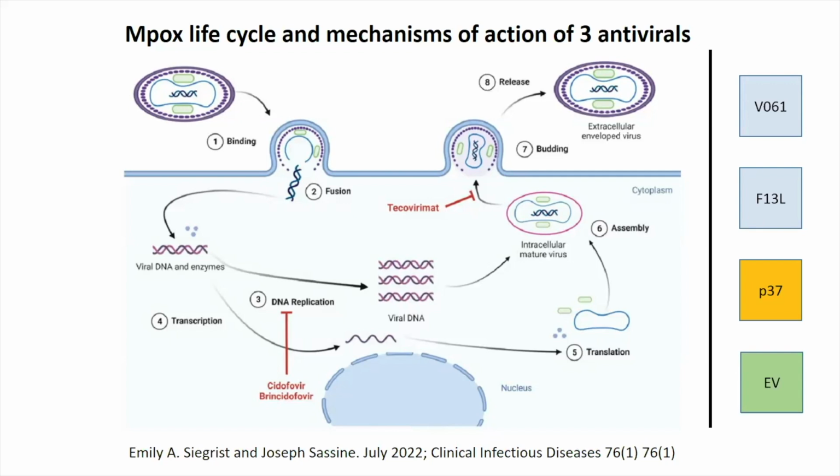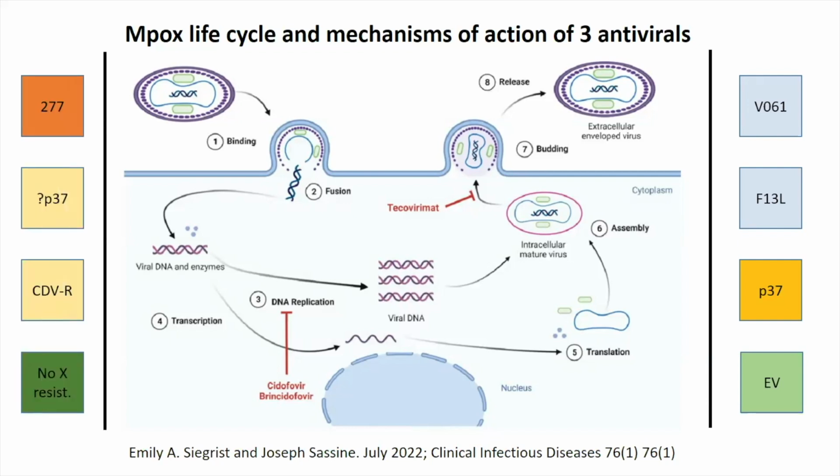The P37 is a product of a gene that is conserved in all orthopox viruses. So it's got a name in cowpox, another name in vaccinia, and a third name in mpox, but they all code for the P37 that is responsible for the extracellular virus formation.